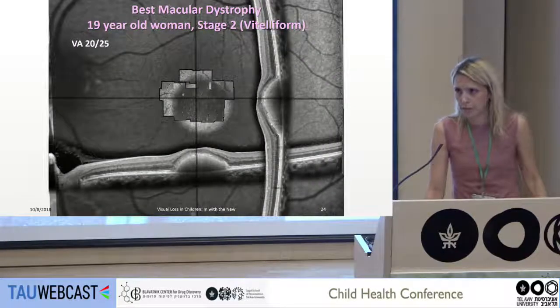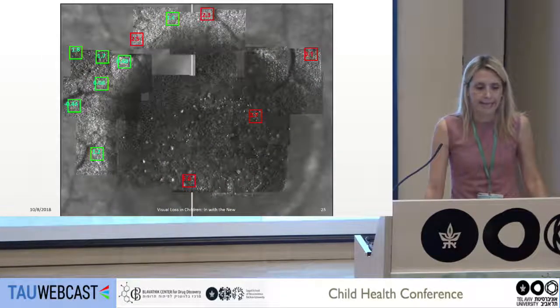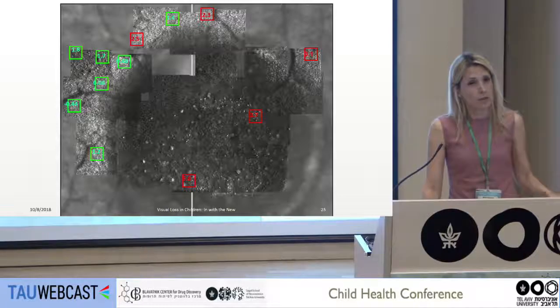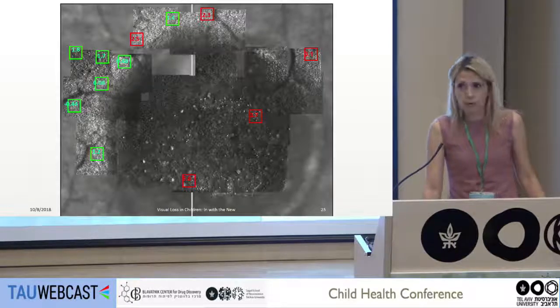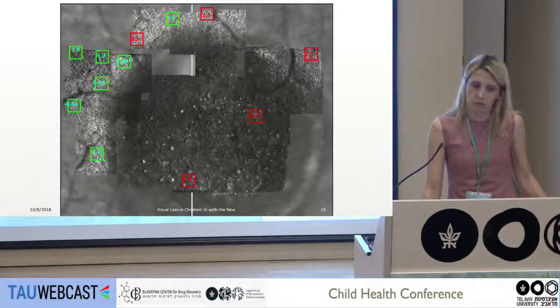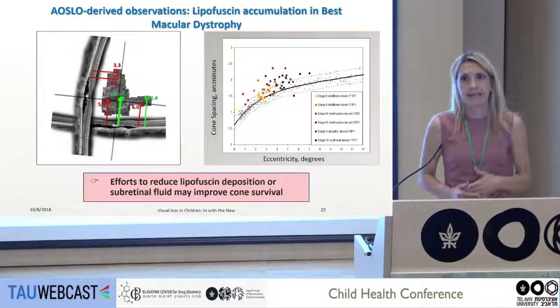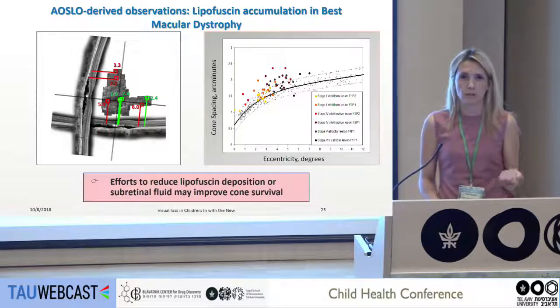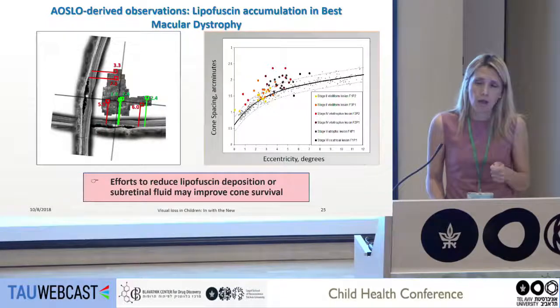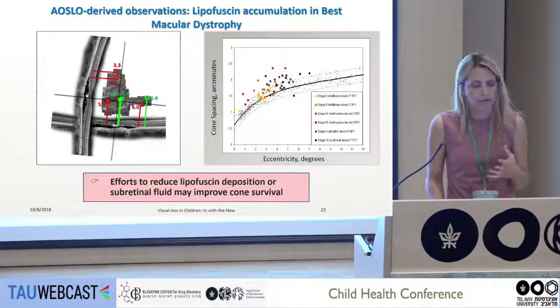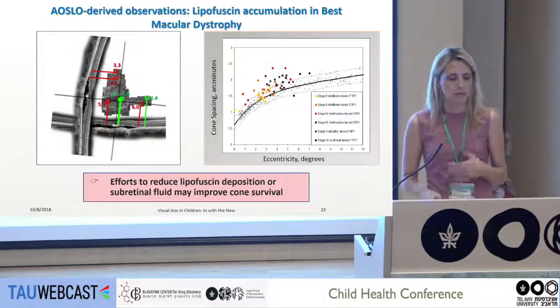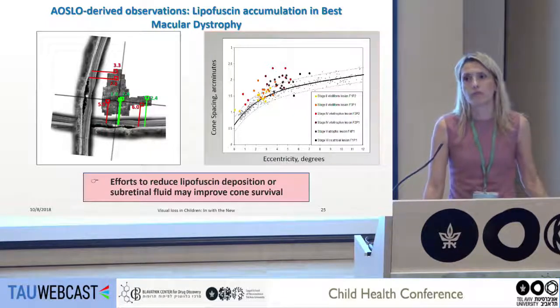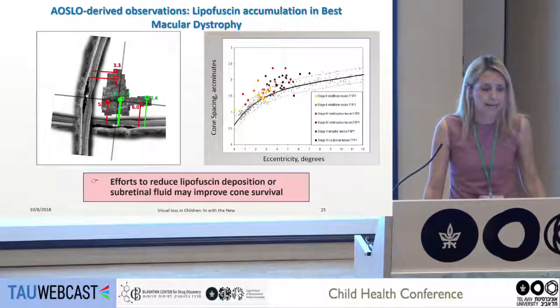Here's another patient with similar findings, and again, in a third patient, increased cone spacing measures directly over the vitelliform lesion, but normal around it, indicating that chronic accumulation of lipofuscin may be toxic to the overlying photoreceptors, perhaps suggesting that efforts to reduce lipofuscin deposition may improve the cone photoreceptor survival in these eyes.